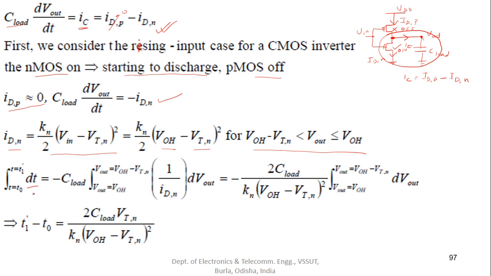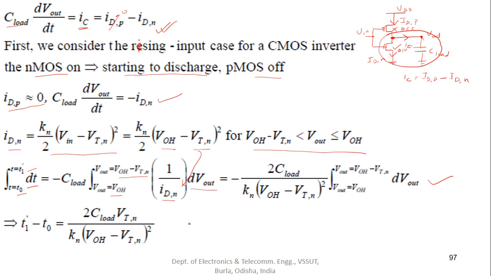So the limit values for dt become T0 to T1 dash, and the value of V out falls from VOH to VOH minus VTN. Put the value for IDN from this equation here, and you will get this particular equation.